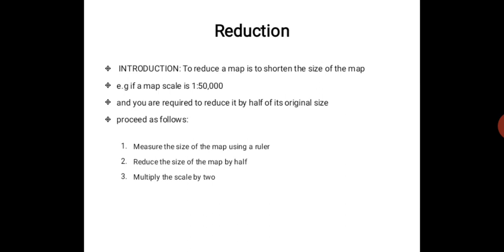That is, you measure the width of the map as it is seen. You use your ruler. You get your point A, point B, point C, and point D. You measure your A to B, and you measure your A to D. You now have the length, the width, and the length of the map. That is what we call the old length and old width.